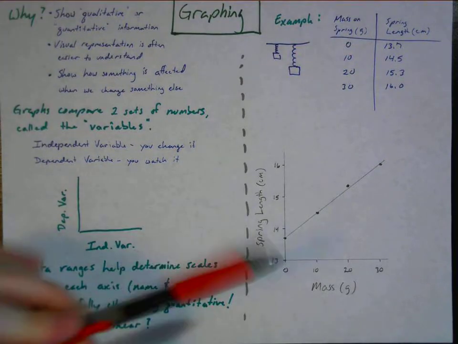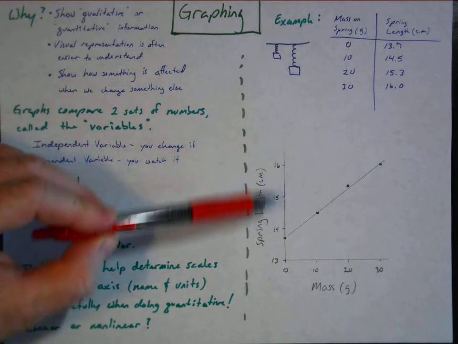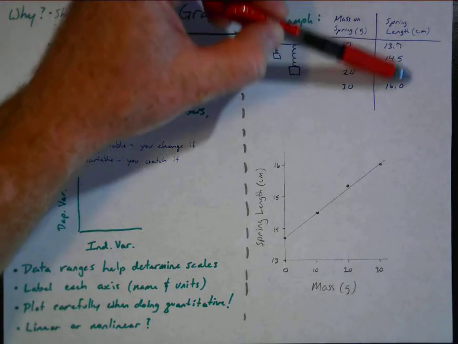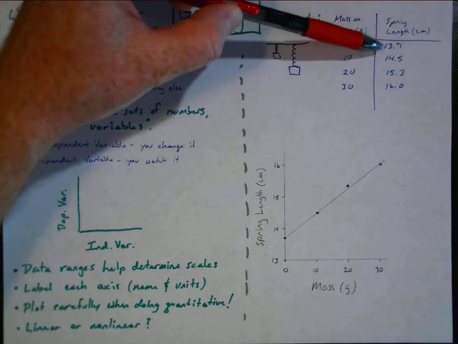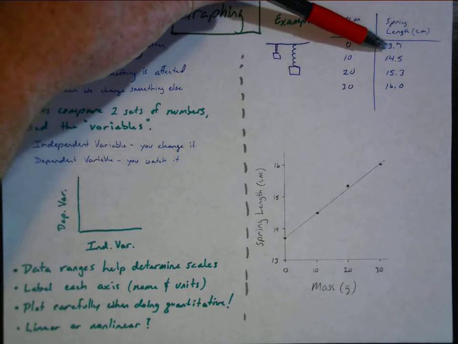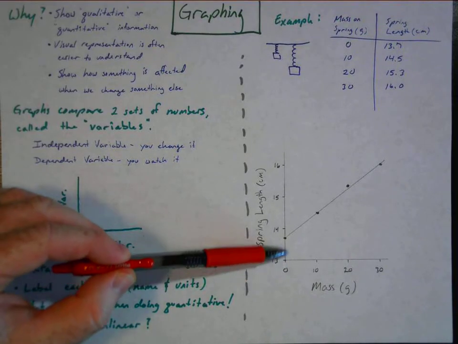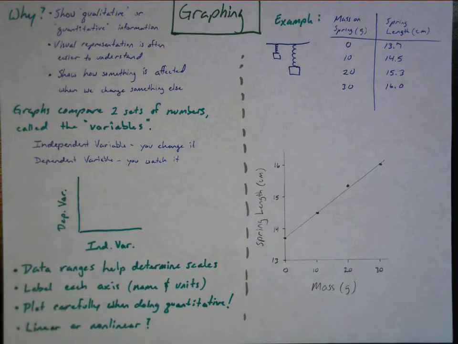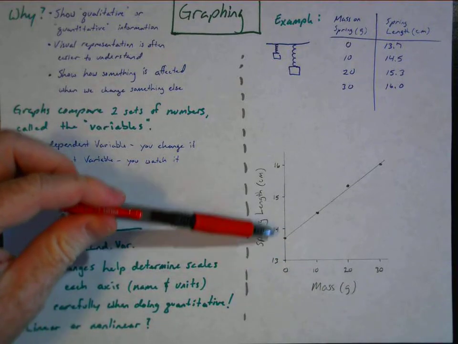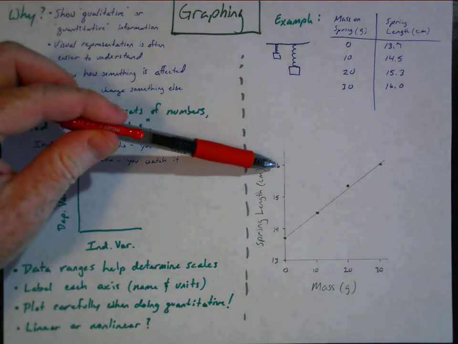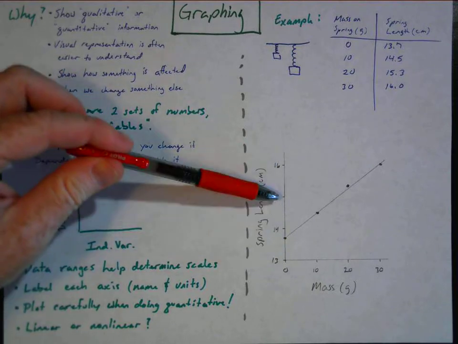So we want to make sure that we set up a scale that encompasses all of this data, that allows us to show all of this data. We don't have to start exactly at 13.7. We can start at 13. We have a little bit of unused space on the graph, and that's totally fine, not a problem. But we clearly go from 13 up to 16 in a nice, even manner.